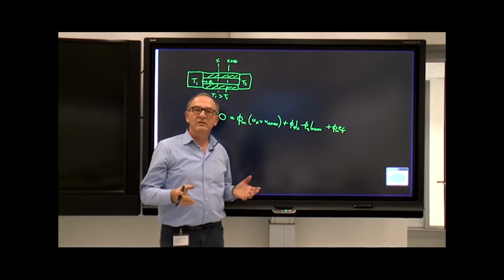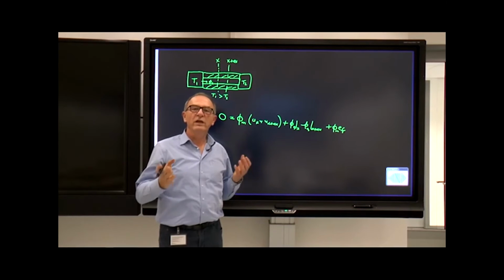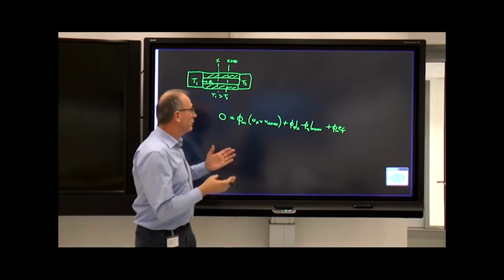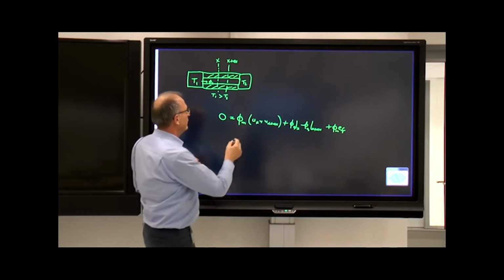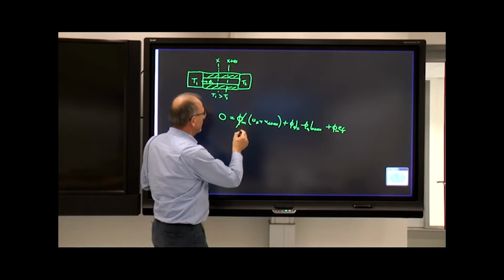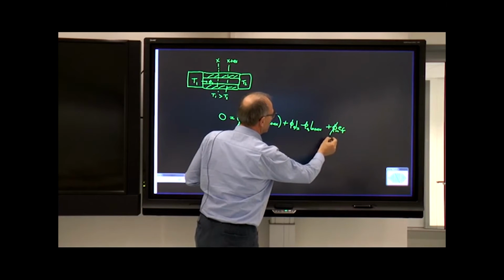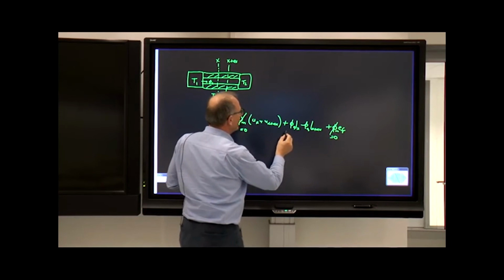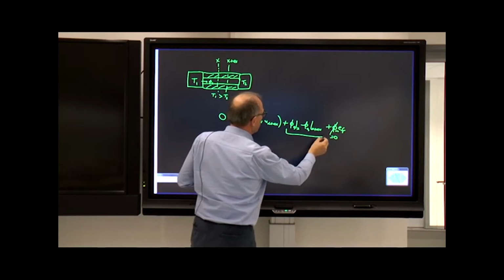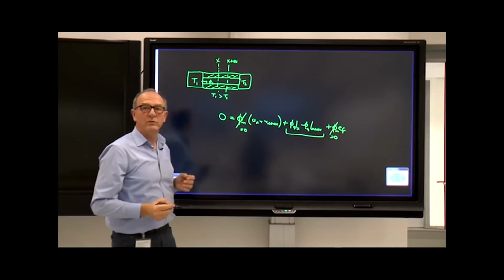But in this case, there's no any flow, we only have conduction. So if we look at this equation, we see that phi m is 0. And we also see that phi m is 0 here. So the only thing which we leave out here is the balance of these two terms.